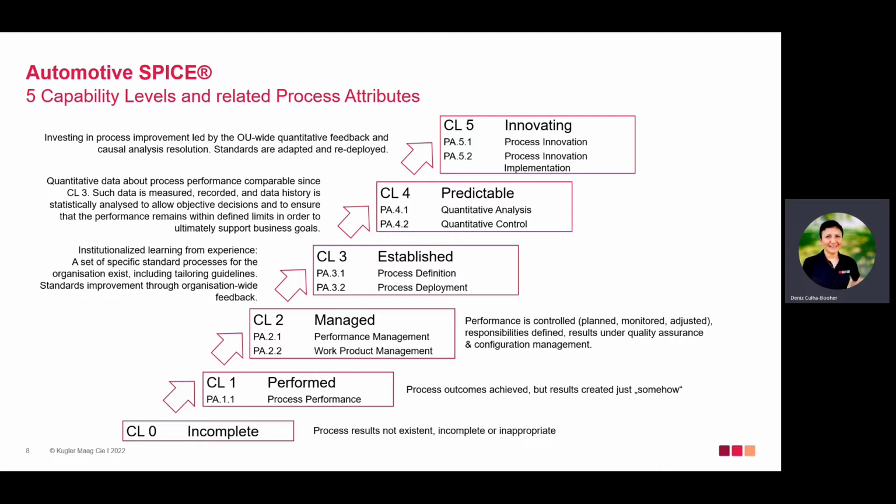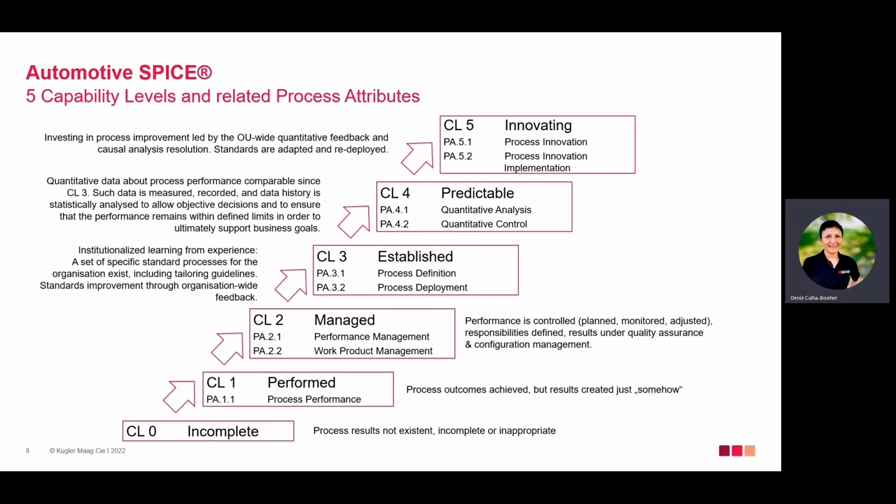After every capability level, it's trying to make sure that you didn't achieve the outcomes just by chance, but you actually managed it. Obviously capability level 0 is where the outcomes are not achieved. That's clear.